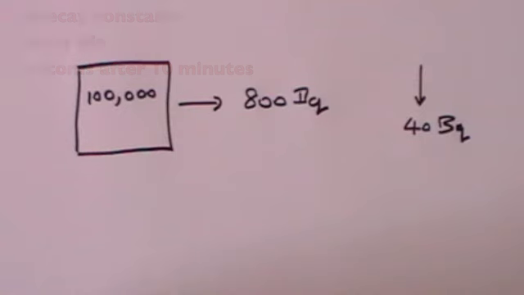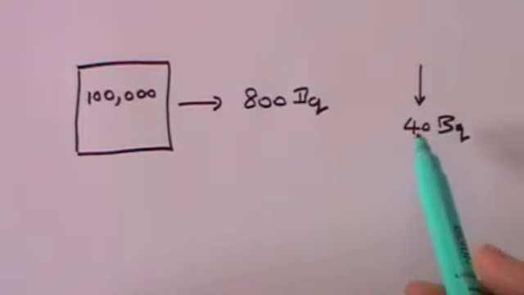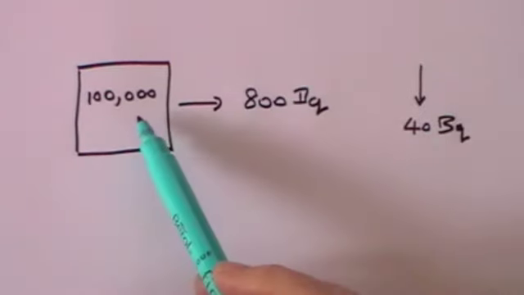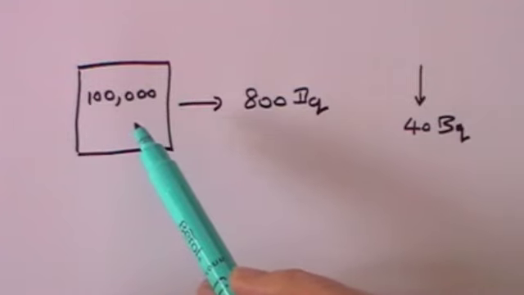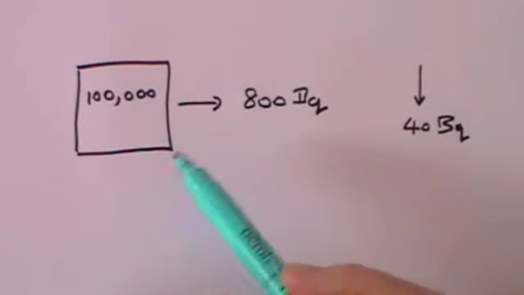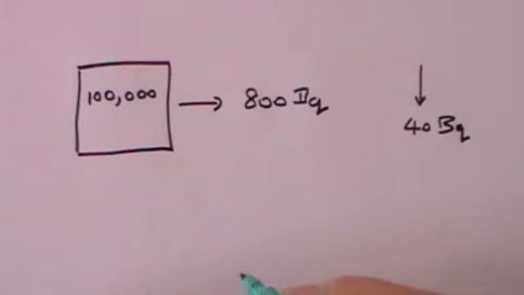Well, a becquerel is 1 decay per second, so 800 becquerels is 800 decays per second. But if we're measuring 800, we must remember that 40 of those are natural background radiation. So the actual decay from this source is just going to be 760 becquerels, or 760 decays per second.